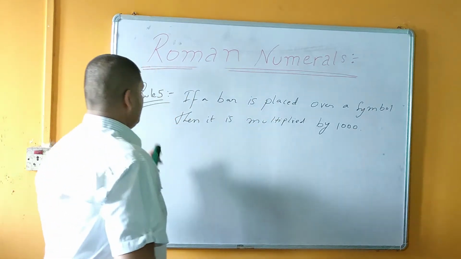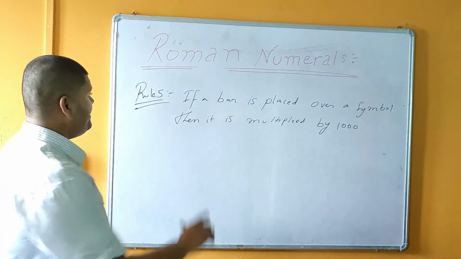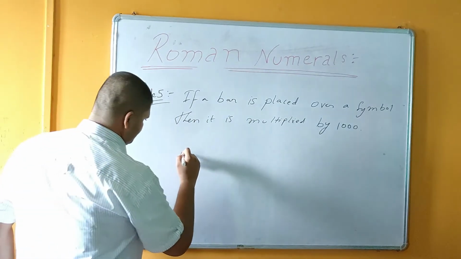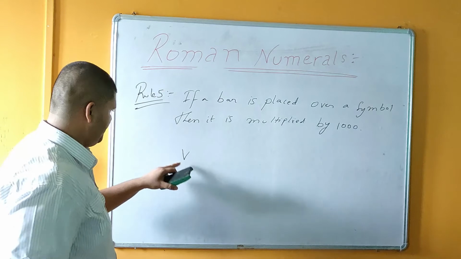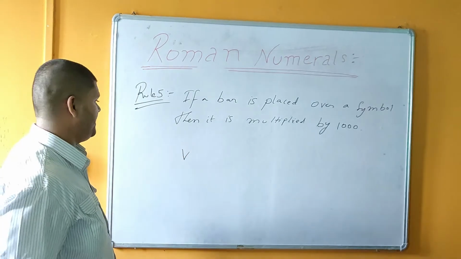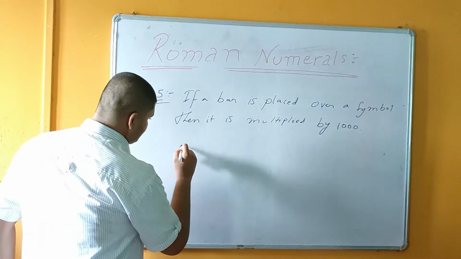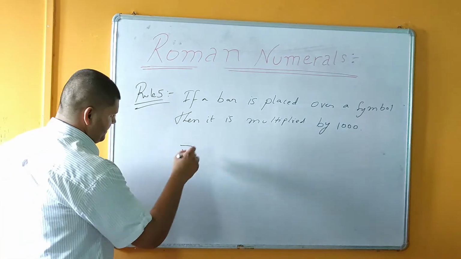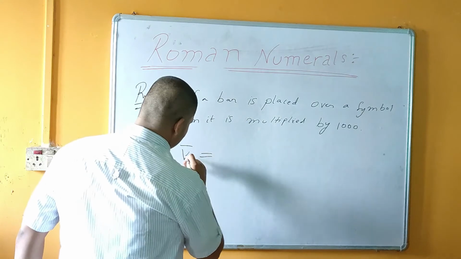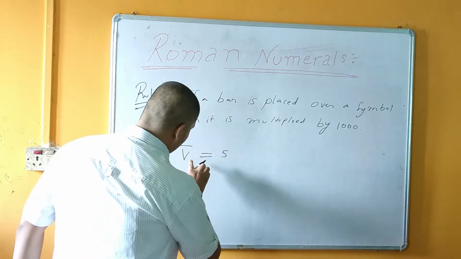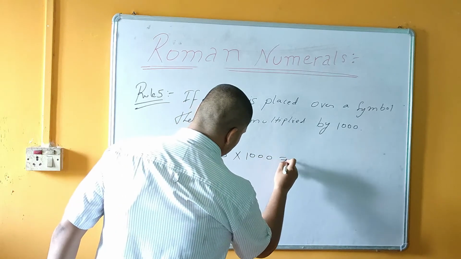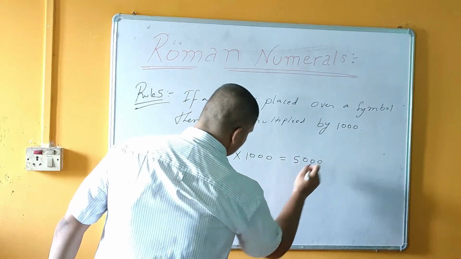Right? The rule is telling that if a bar is placed over a symbol, suppose this is the symbol V, and if I want to place a bar, this is a bar, then what does this symbol represent? It will represent V means 5. This 5 will get multiplied by 1000. So it will give 5000.